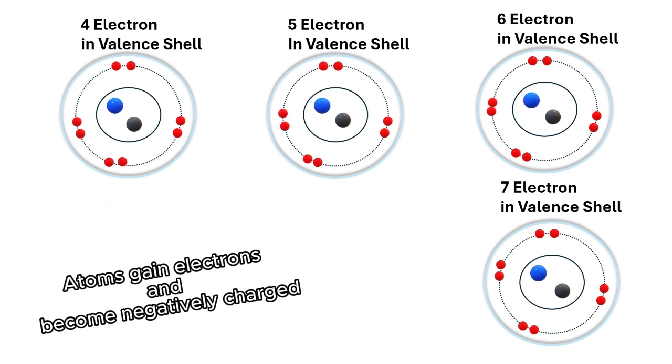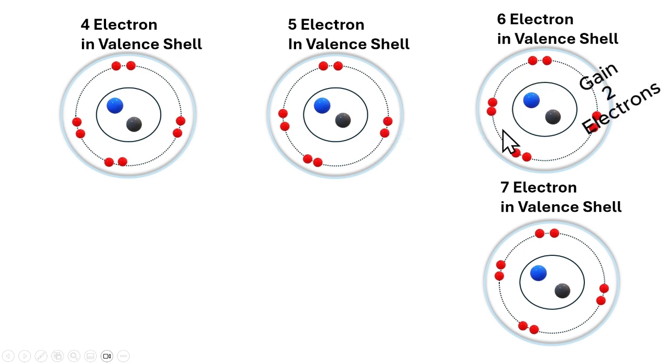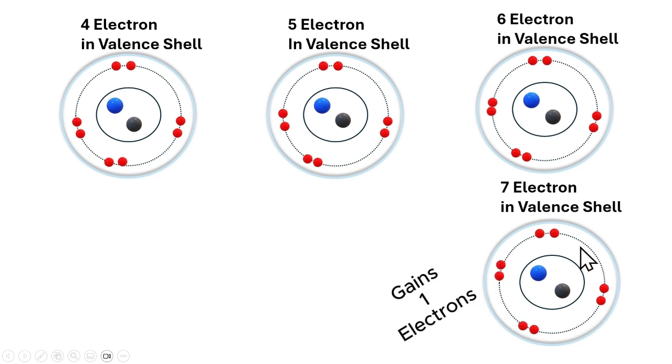Atoms which have 5, 6 and 7 electrons always gain electrons. Those which have 5 will gain 3 electrons and complete their octet. Atoms which have 6 electrons will gain 2 electrons and complete their octet. And atoms which have 7 electrons will gain 1 electron and form stable configuration.